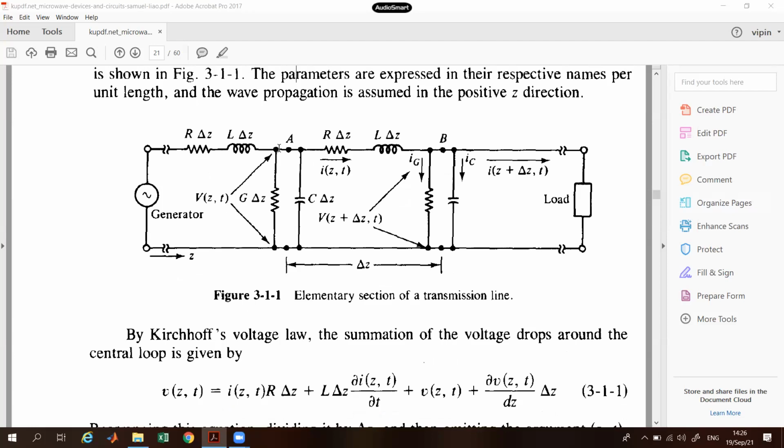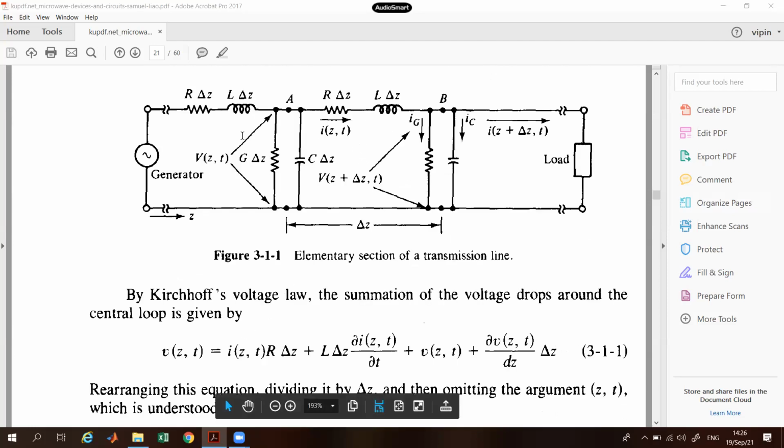If we start from point A and go up to point B, and we are considering the length of the line as delta Z, then the starting potential is V(z,t) at this point, then R delta Z into I(z,t), then plus L delta Z dI/dt of (z,t). So dI/dt with respect to distance z and time t.